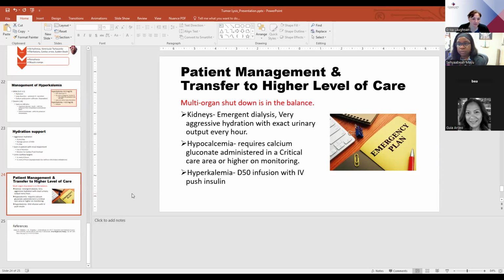So, is there a way for our nurses to be aware that when you get these orders, is there a place where we could look that says, when doctors order these, have the patient transferred to a higher level of care?